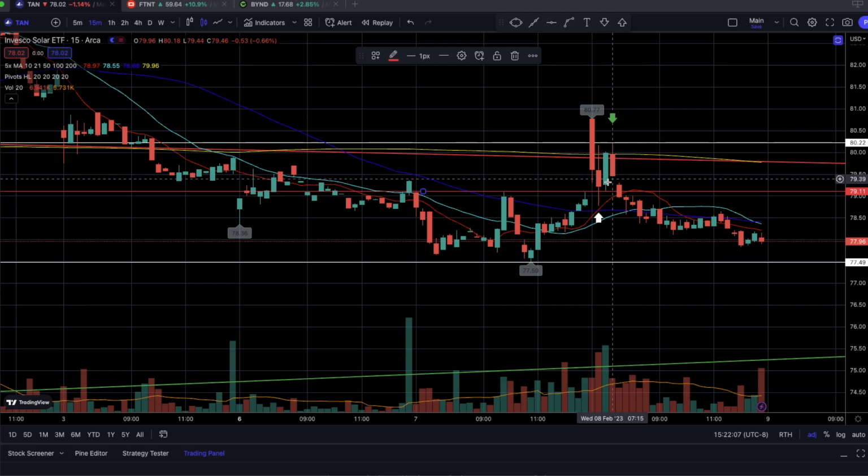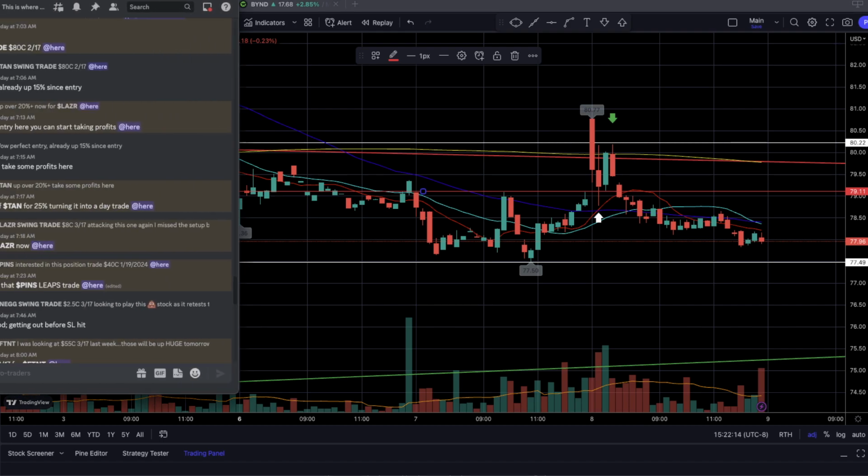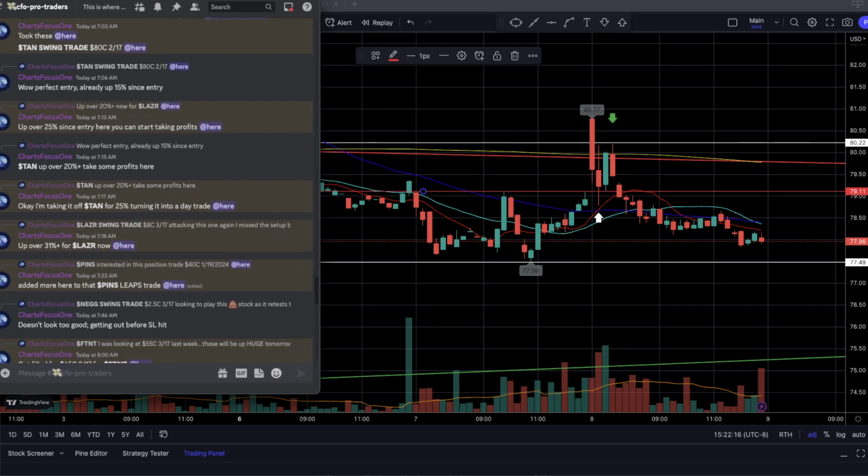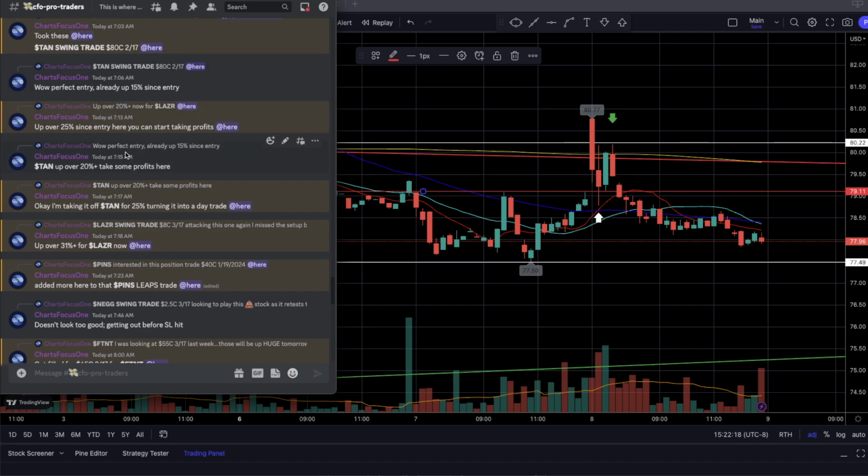And as we held 79 on this candlestick as a new level of support, we start to see some good gains, slowly but surely. And we were up around 15% here after a perfect entry, and then 20%.